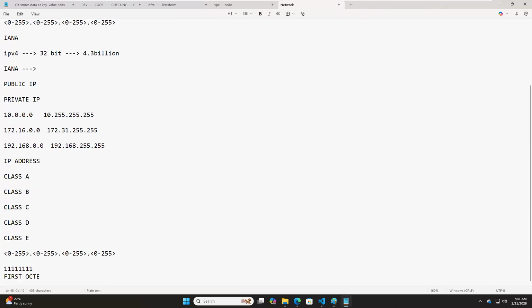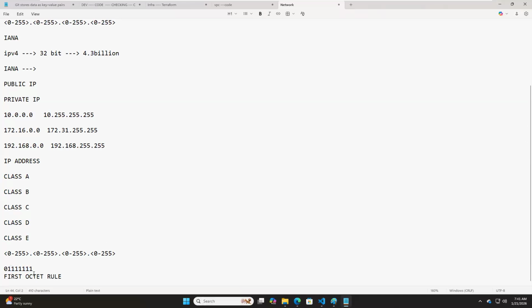What does this first octet rule say? If you replace the first bit of the highest number with 0, what value do you get?